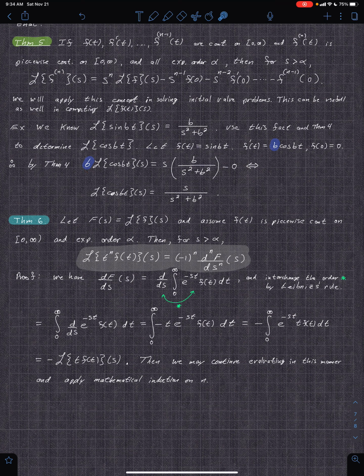So you can show pretty quickly what is the Laplace transform of cosine bt without actually taking the Laplace transform, because you can multiply this by b on both sides and then divide it out, and you get the formula just by applying the formulas above. So pretty slick there.